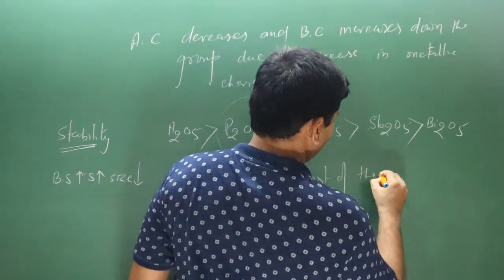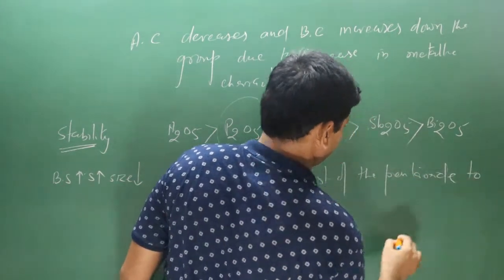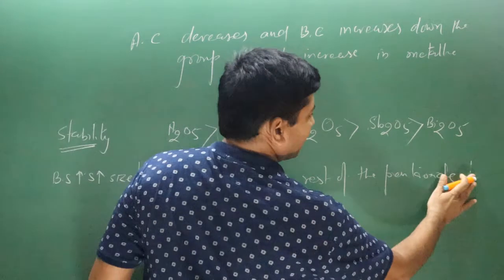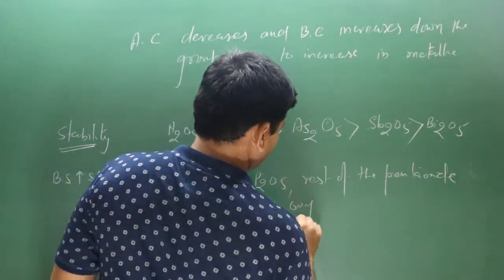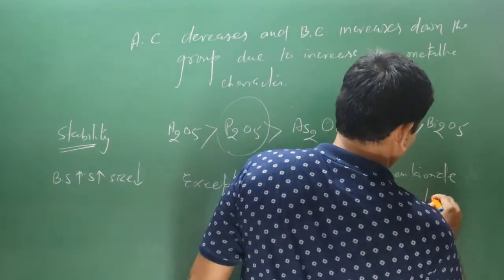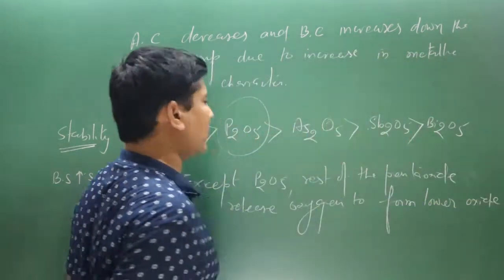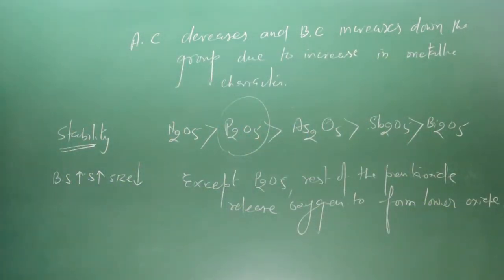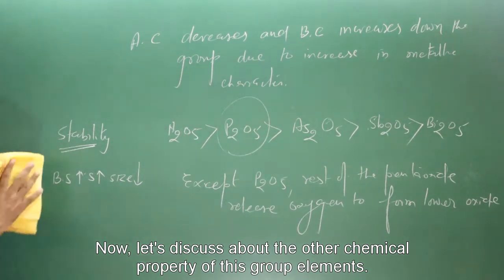Rest of the pentoxides release oxygen to form lower corresponding oxide. Now let's discuss the other chemical properties of this group elements.